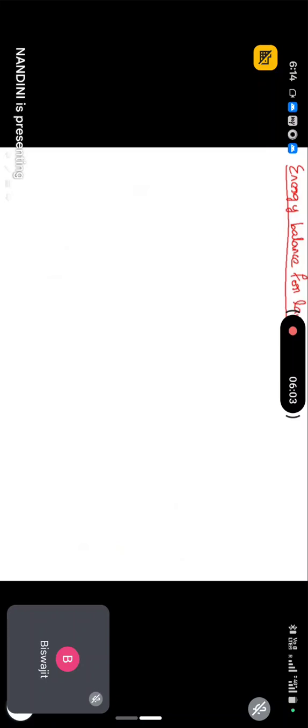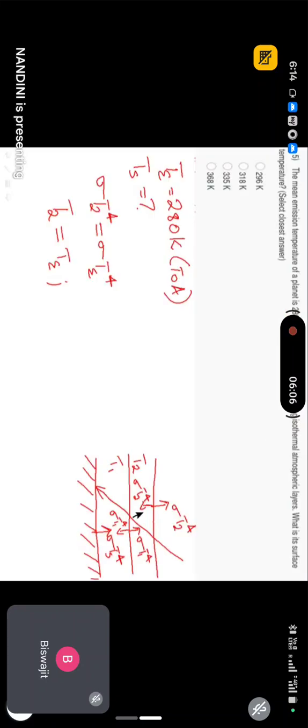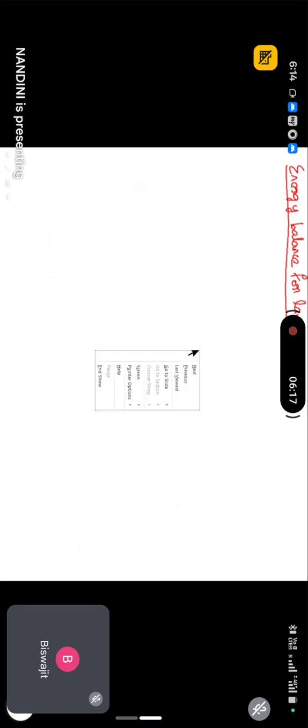In case of layer 2, the incoming radiation is sigma T1 raised to 4, and the radiation emitted is sigma T2 raised to 4 in both directions. So we can write sigma T1 raised to 4 is equal to 2 sigma T2 raised to 4.